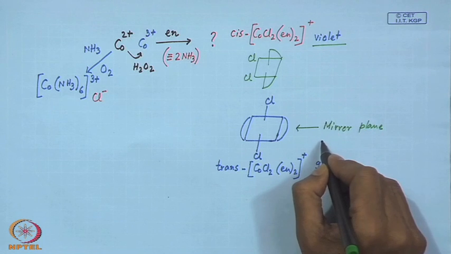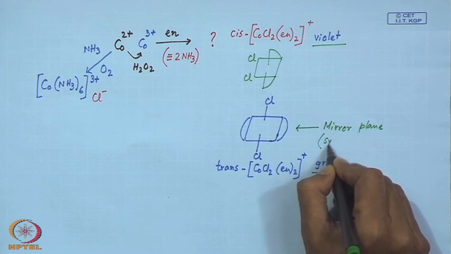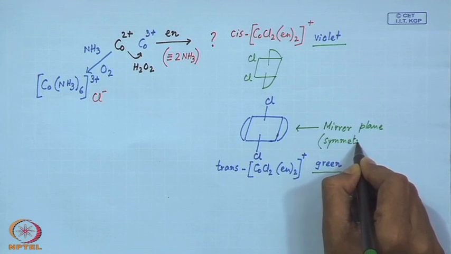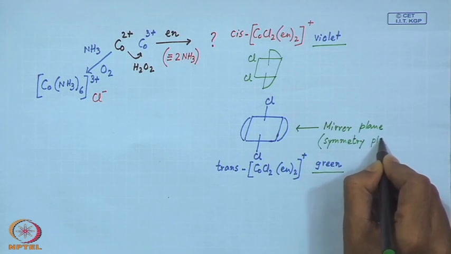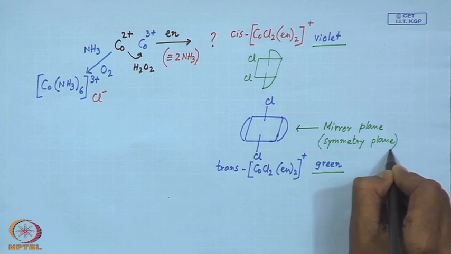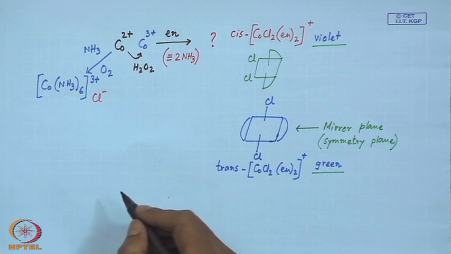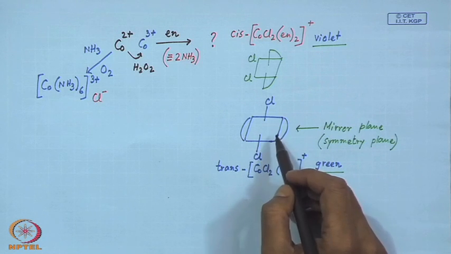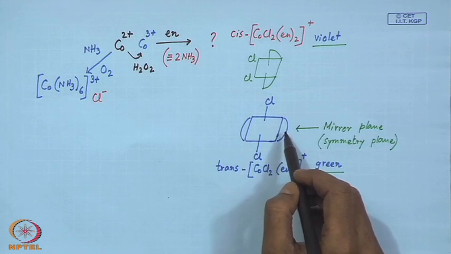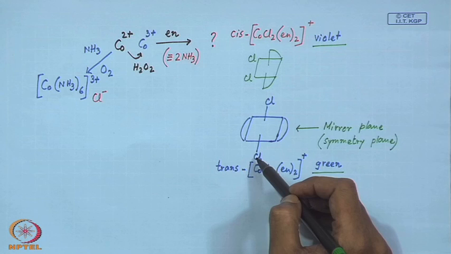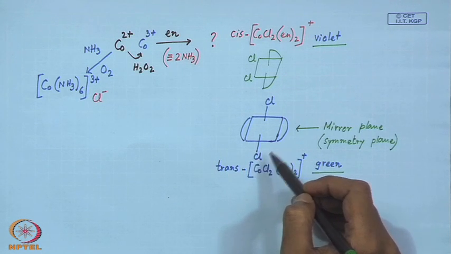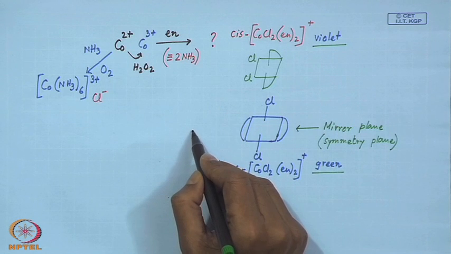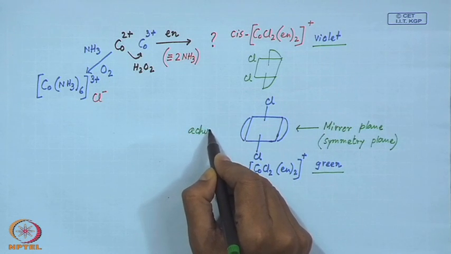We have a symmetry plane, and this symmetry plane basically gives rise to a molecule where one half of the molecule is the mirror image of the other half, dividing the molecule into two, and that is why the molecule is achiral.